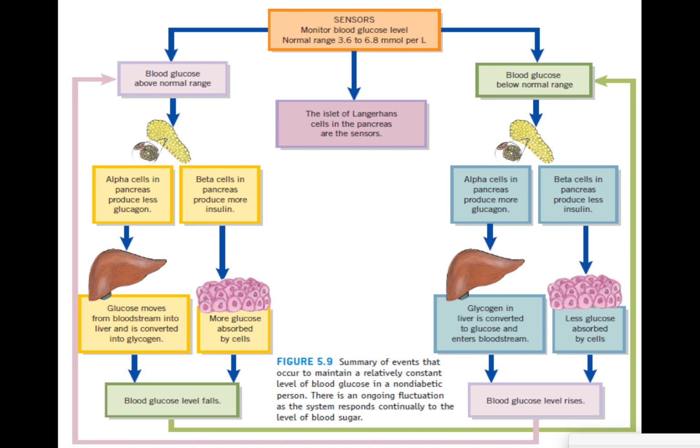And the same thing will happen with the release of insulin, which is going to cause my effector, for example these muscle cells, to absorb more glucose. Hopefully my blood glucose level falls, and it's a never-ending cycle.